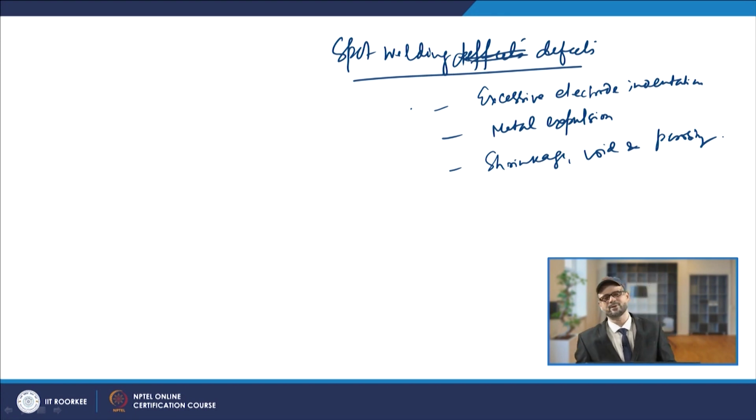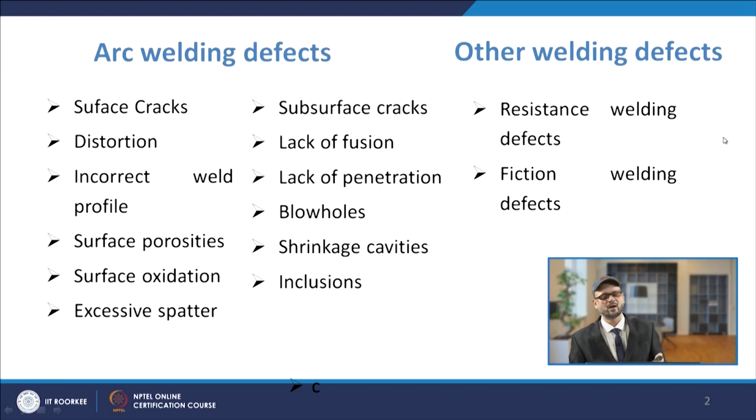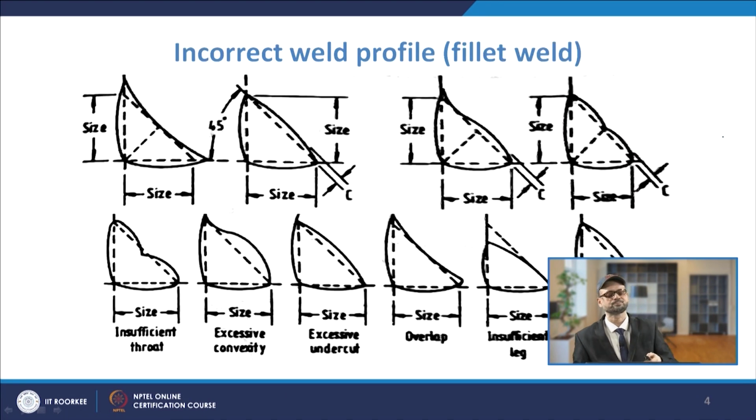And you have many a times the electrode skidding also taking place. You have the edge bulging or excessive penetration. These kind of defects occur in the case of electrode spot welding.